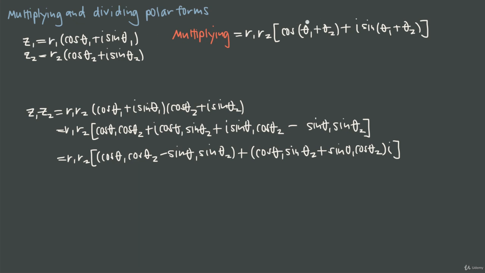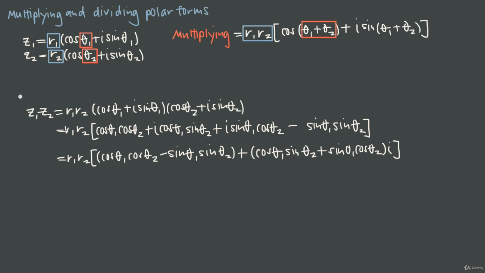We have cosine of something plus i sine of something, just like we have cosine of something plus i sine of something. So what we want to realize is that when we take the product of two complex numbers, the r value, the value we're going to get out in front, is simply equal to the product of these two r values here. And then the angle theta is always just going to be theta sub 1 plus theta sub 2, coming directly from these two angles here, theta sub 1 and theta sub 2.